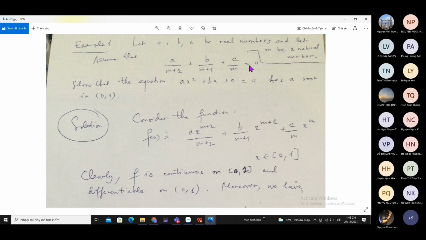Thus we consider the function f of x given by a over m plus 2 times x to the m plus 2 plus b over m plus 1 times x to the m plus 1 plus c over m times x to the m. Here x belongs to 0, 1.